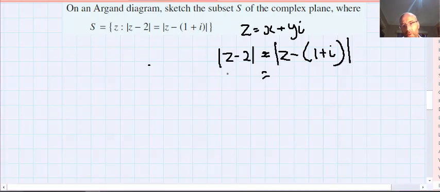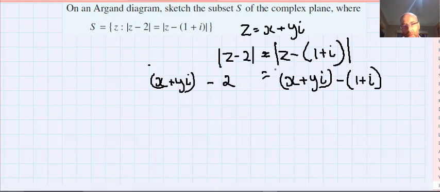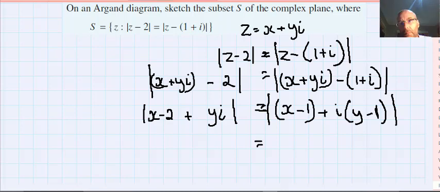And we've got substitution now, and x plus yi goes in instead of z, minus 2, x plus yi there, minus 1 plus i magnitude. So let's collect the real and imaginary parts now, and we get that there.